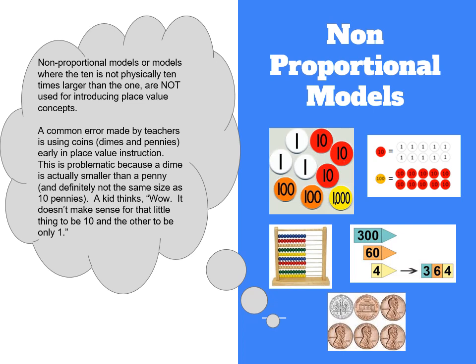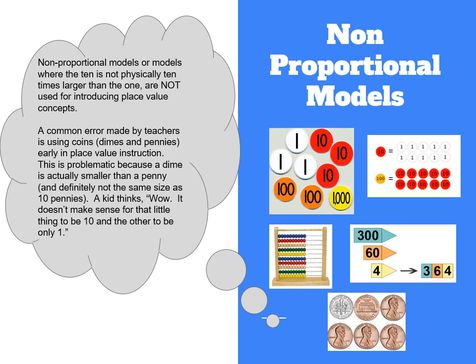Right, the dime is smaller, but the dime represents 10, all right? So that's non-proportional, and that can really play with the brains of little people. That's why we hold off on those non-proportional models, because they don't always make the most sense to little children. So for example, let's not use those coins for place value in first grade, because they don't really get that. How can that dime be worth 10, but it's actually smaller than the penny that's worth 1? So that's a common non-proportional model.